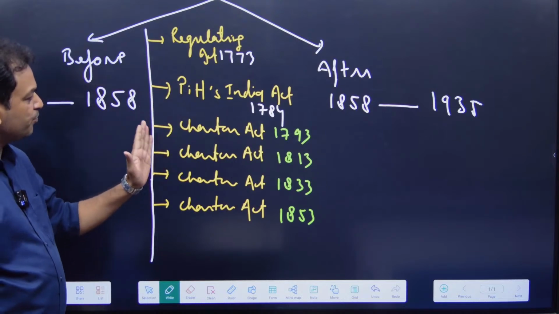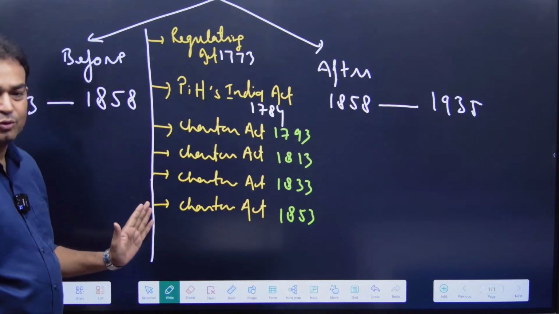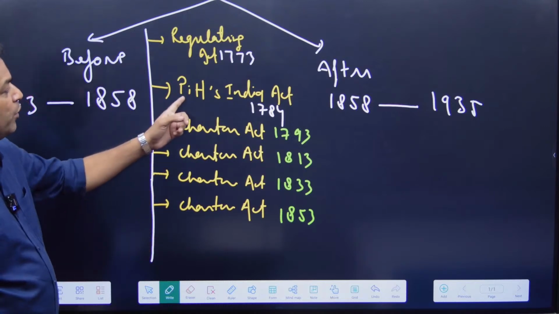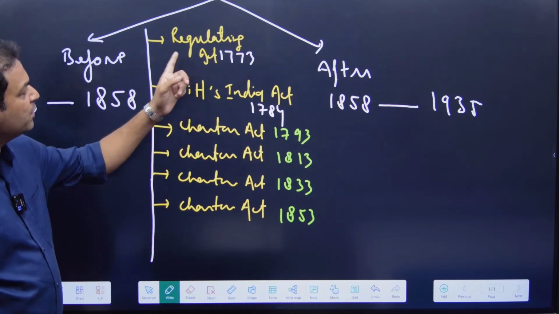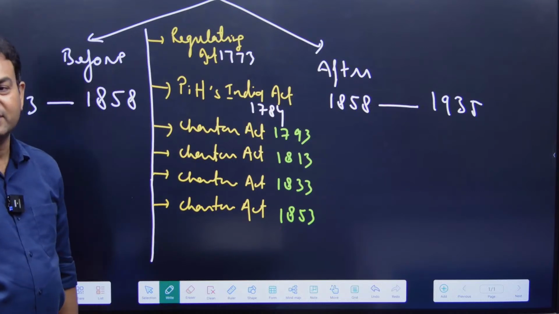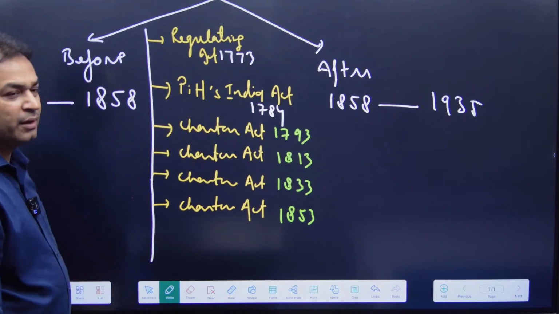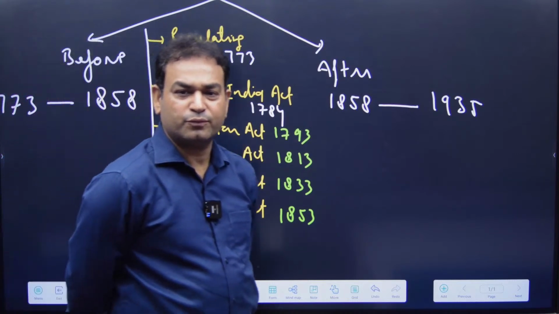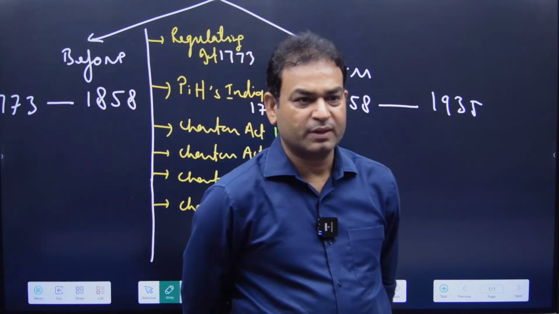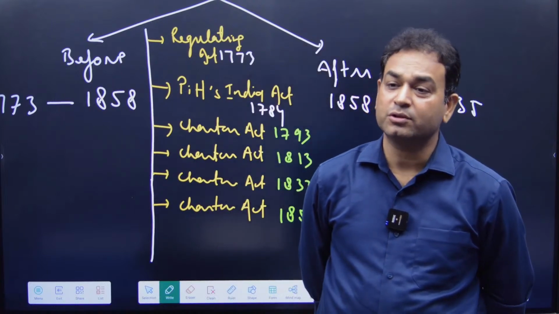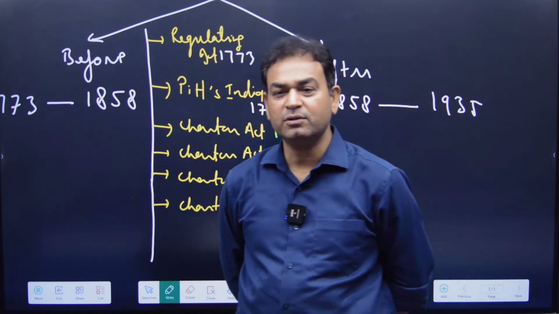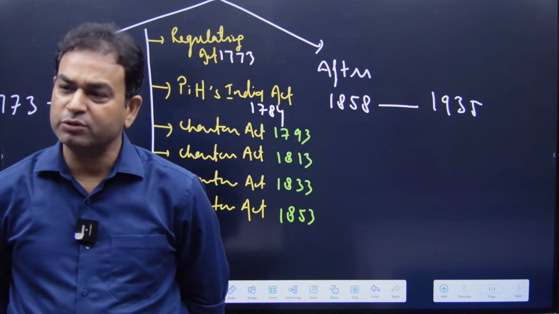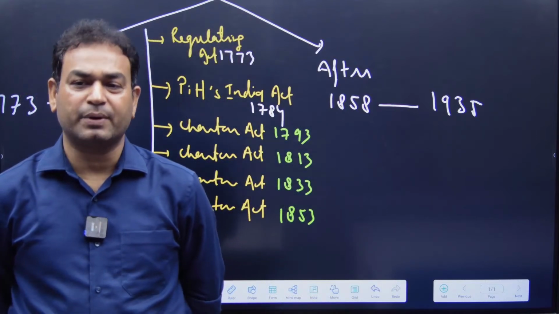It means there were 4 charters which were enacted before 1858, 1 Pitt's India Act, 1 Regulating Act 1773. In 1857, the first war of freedom struggle started, which is known as the First Revolt, 1857 Revolt, which shook the foundation of the British Empire.